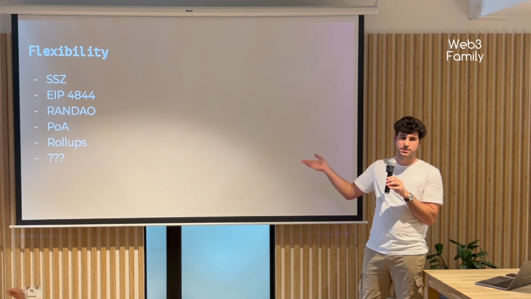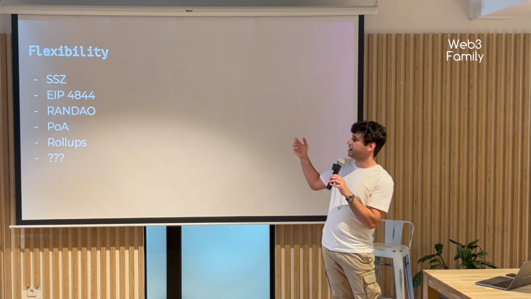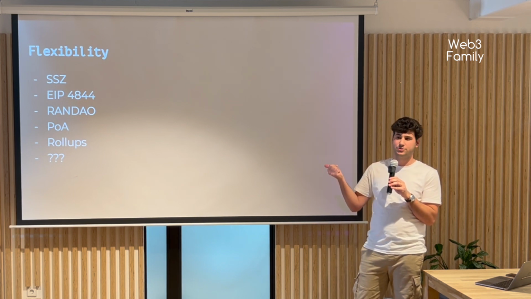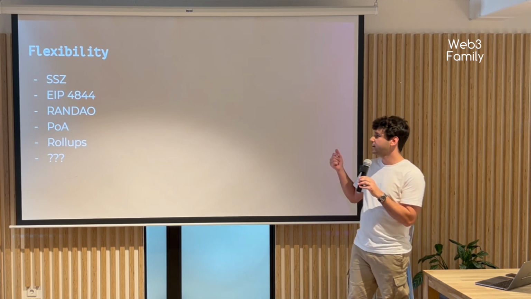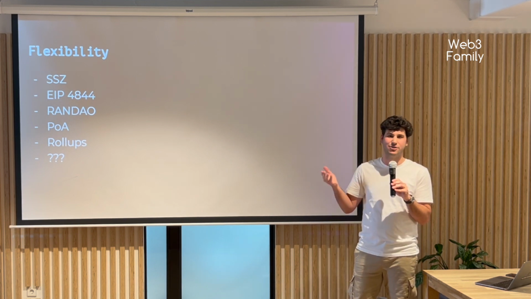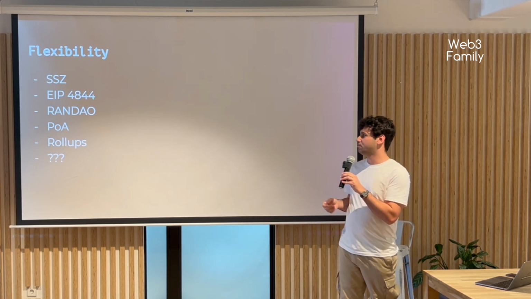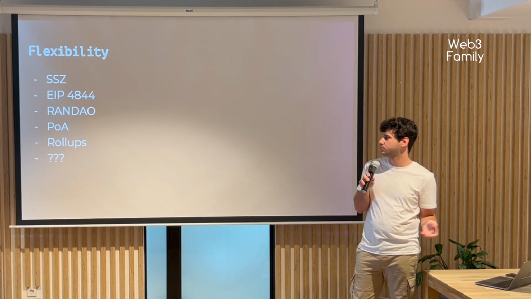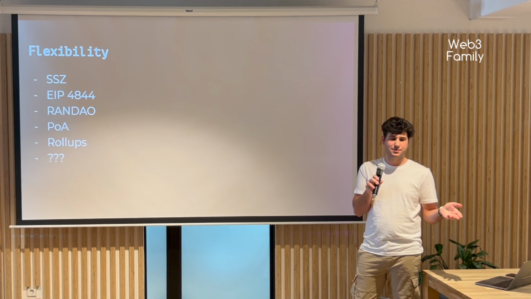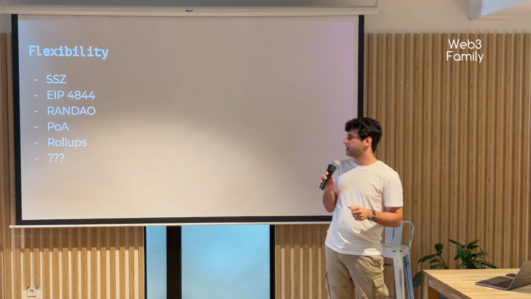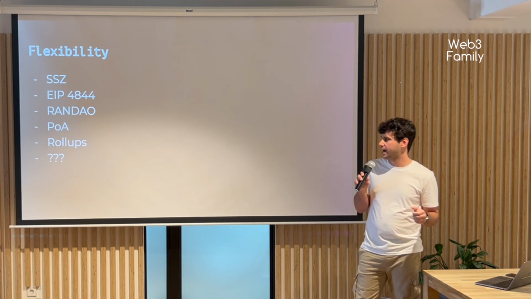You have EIP 4844, and there's a team also building that on top of their Cosmos chain. Randa, also another thing from Ethereum, you can actually build that on a Cosmos chain too. You can have a proof of authority chain if you want to, and there are chains doing that, mostly enterprise users. And then we also have rollups.